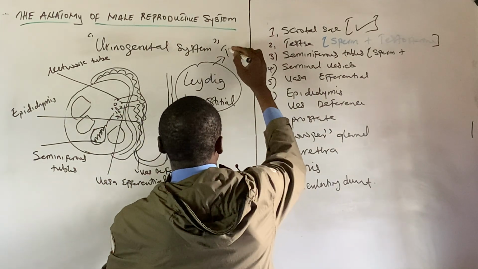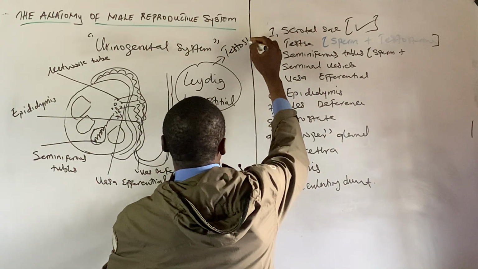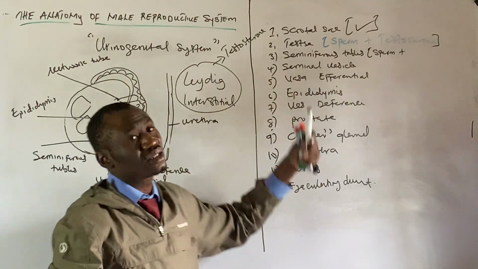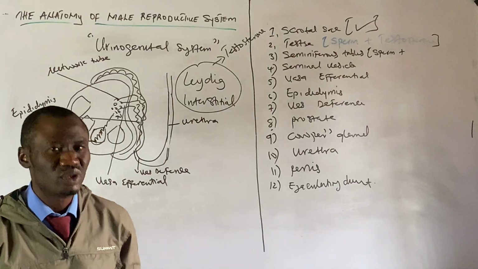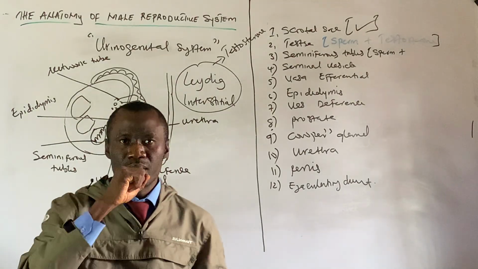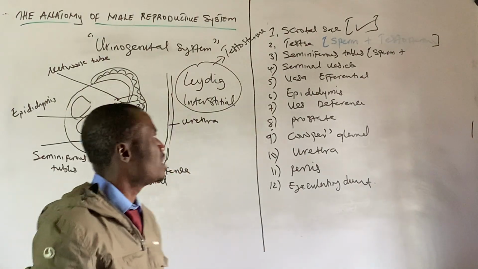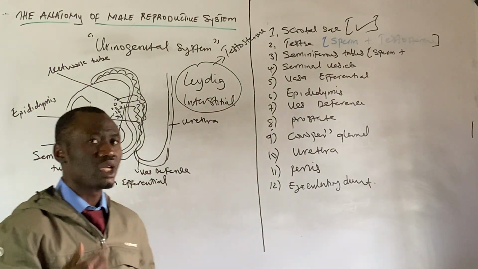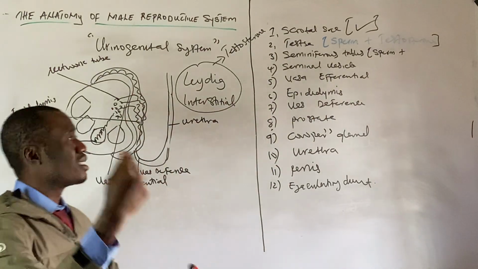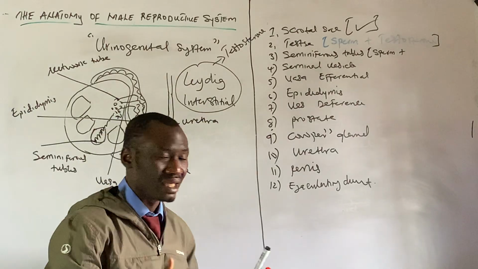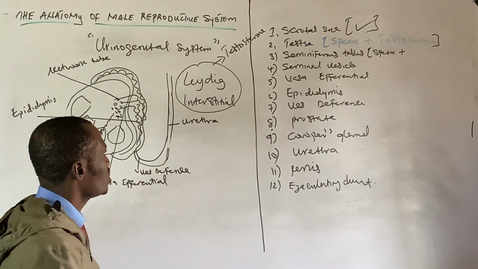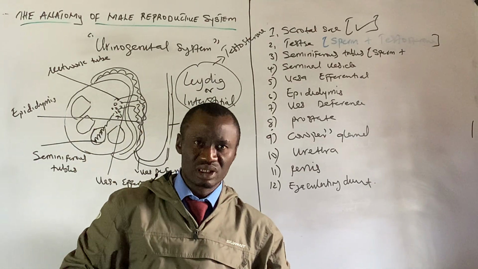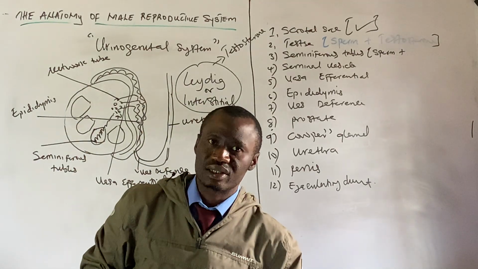So now you can see that the testis, generally speaking, produce sperm and testosterone. But specifically, it is the walls of the seminiferous tubules that produce sperm, and the Leydig cells or interstitial cells produce testosterone, which is a male sex hormone.